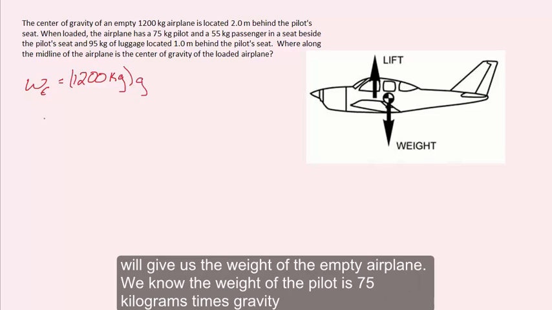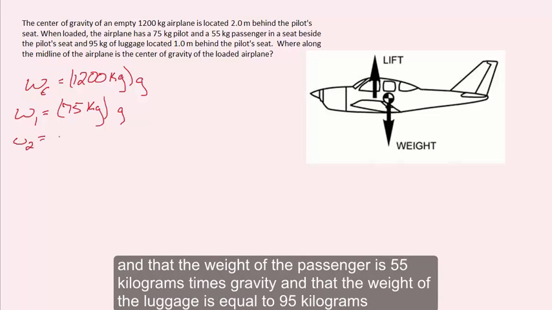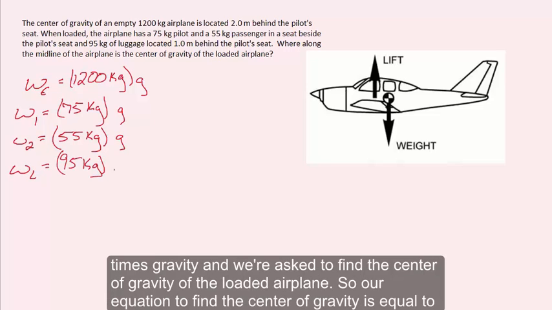We know the weight of the pilot is 75 kilograms times gravity, the weight of the passenger is 55 kilograms times gravity, and the weight of the luggage is equal to 95 kilograms times gravity. And we're asked to find the center of gravity of the loaded airplane.